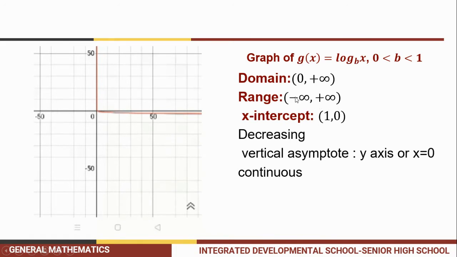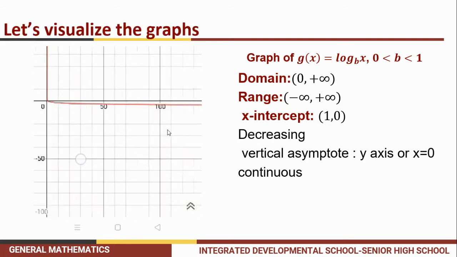For our intercept, we let y equal 0. If y equals 0, the only value of x that will satisfy that is x equals 1. So we have here (1, 0). And we notice from the graph that this is a decreasing graph. For our vertical asymptote, we have the y-axis, or x equals 0. And we notice that it is continuous.